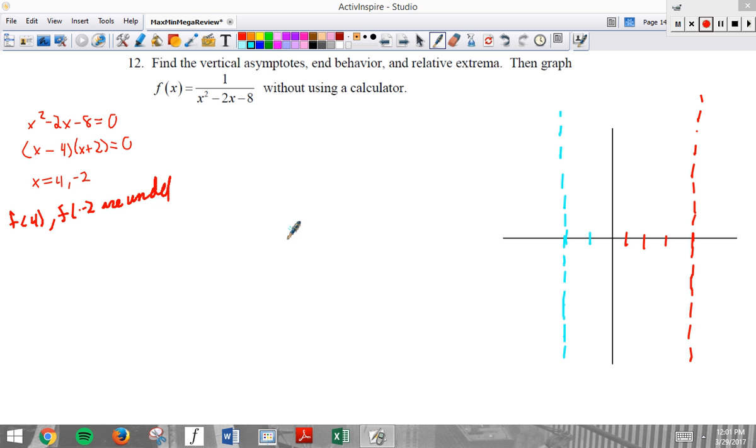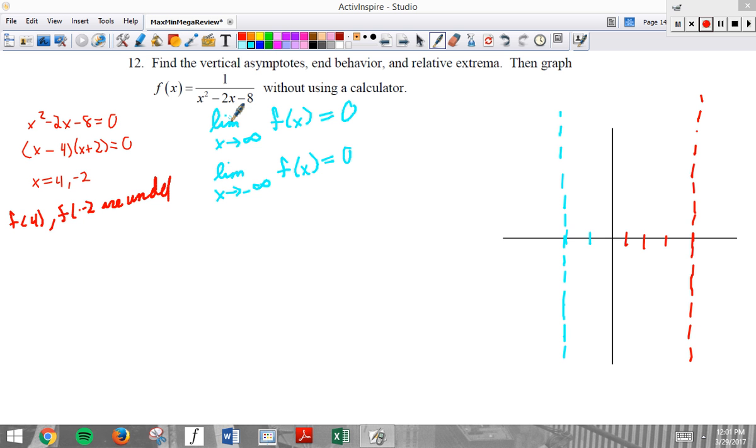Alright, end behavior. Talking about the limit as x goes to infinity of f of x would equal 0, and the limit as x goes toward negative infinity of f of x is also equal to 0. So we're talking about a horizontal asymptote at 0.